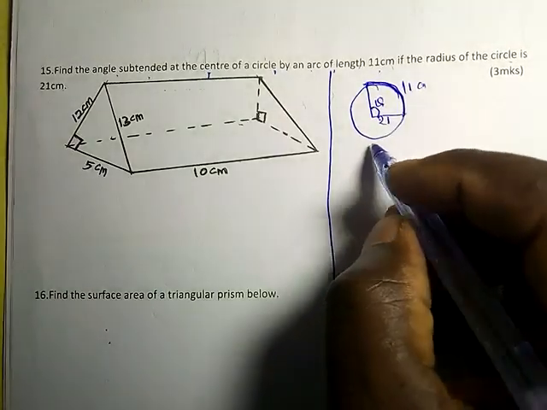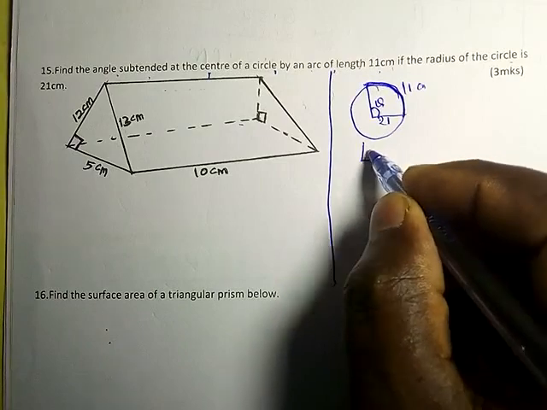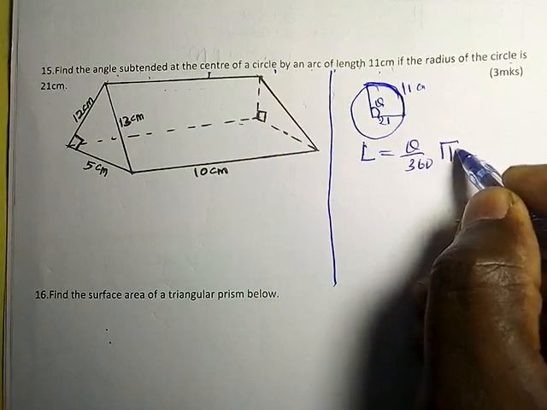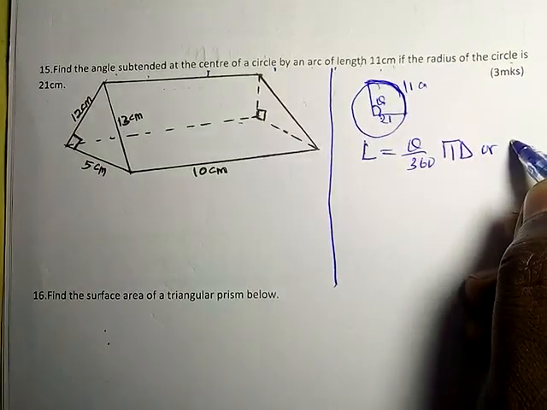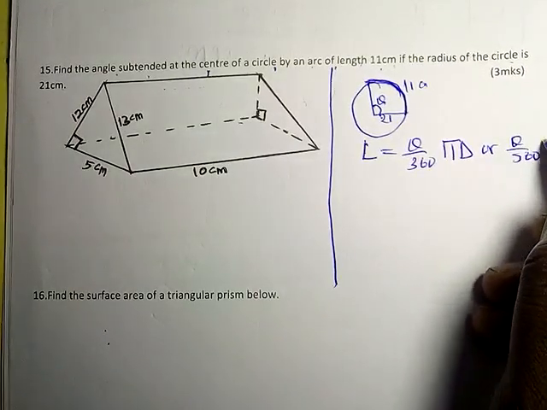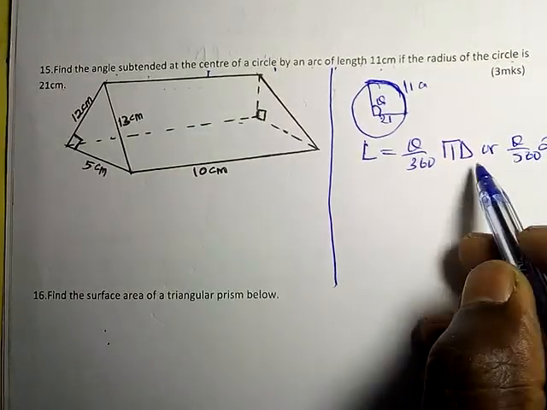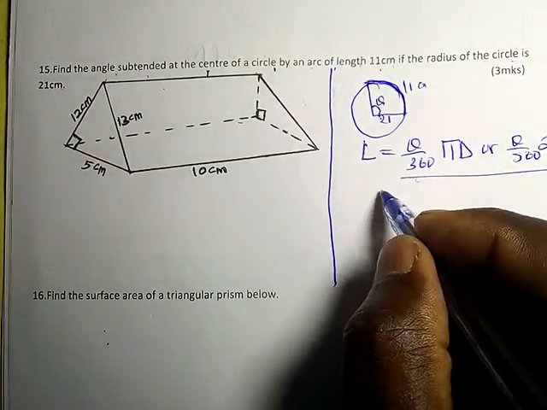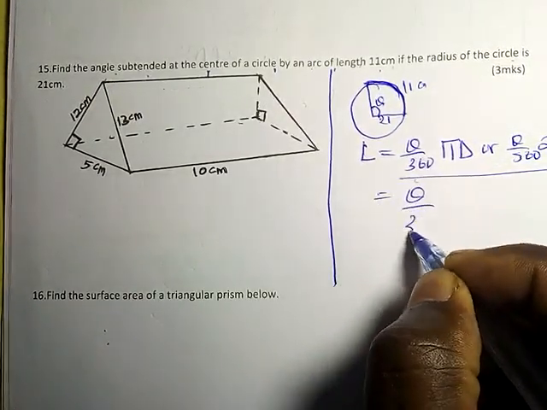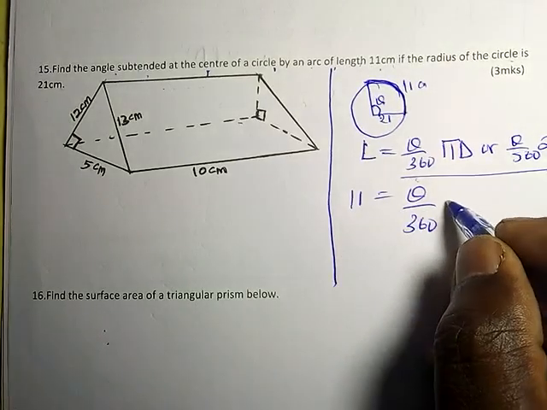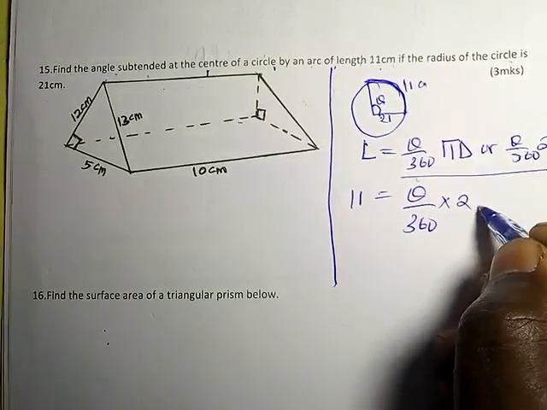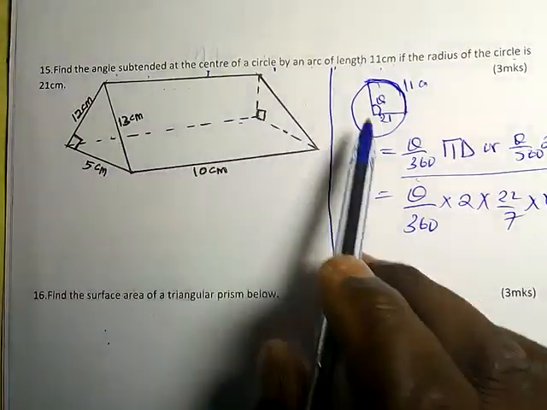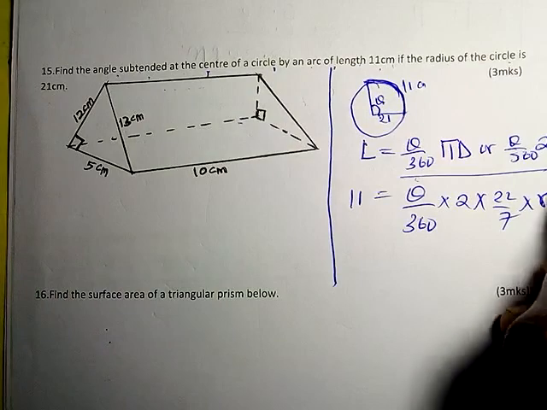So we have been asked, we should know the length. The arc length of a circle equals theta over 360 times pi d, or theta over 360 times 2 pi r. So you can use either and you will get your answer. So we are looking for theta: 11 equals theta over 360 times 2 times 22 over 7 times the radius, which is 21.